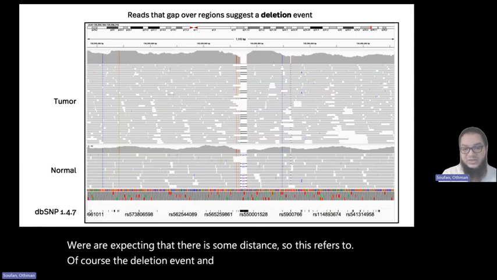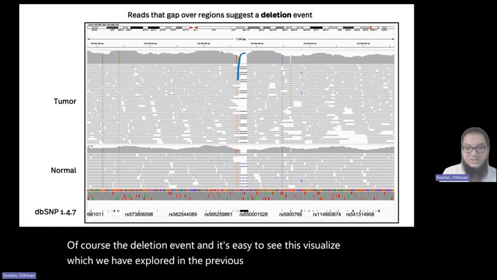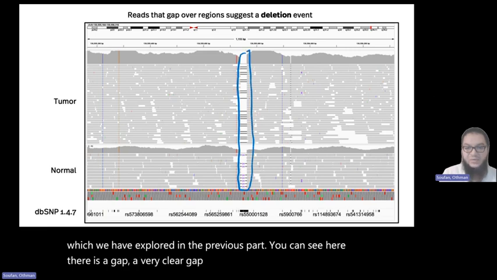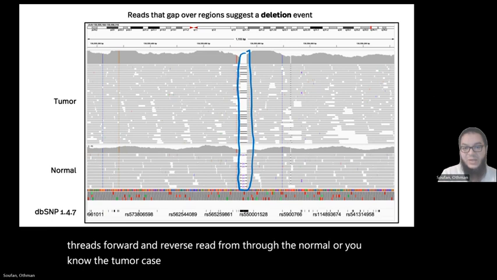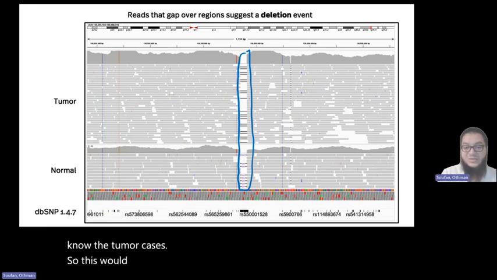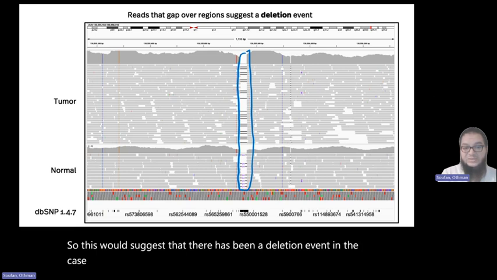And it's easy to see this visualized, which we have explored in the previous part. You can see here, there is a very clear gap, okay? We're looking at the different reads, forward and reverse, through the normal or the tumor cases. So this would suggest that there has been a deletion event in that specific location.